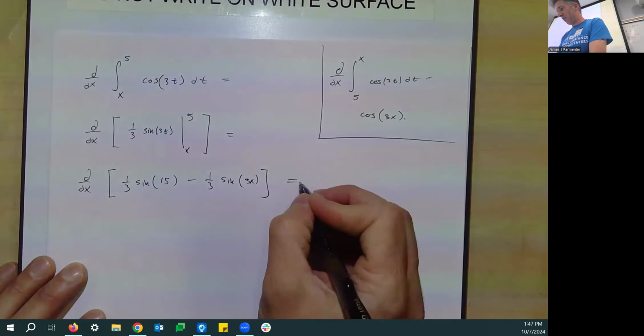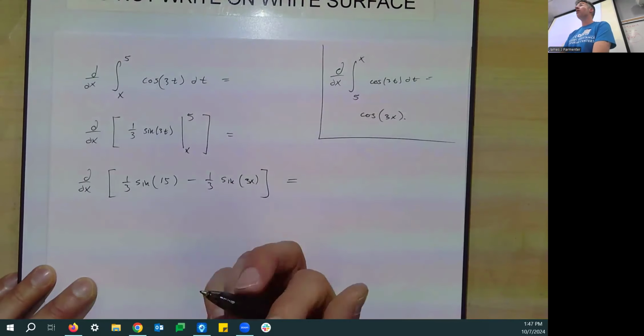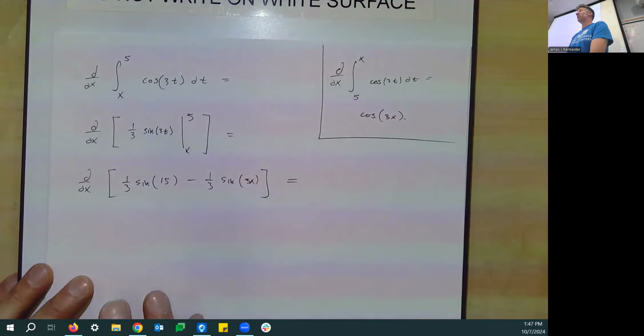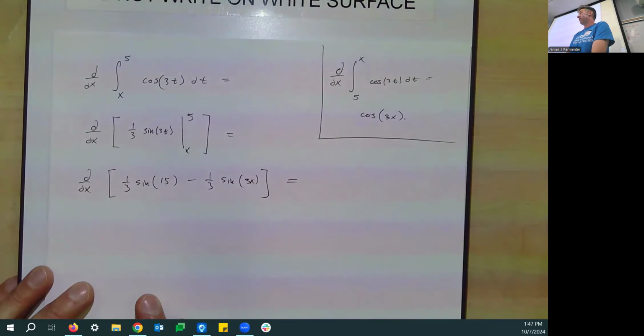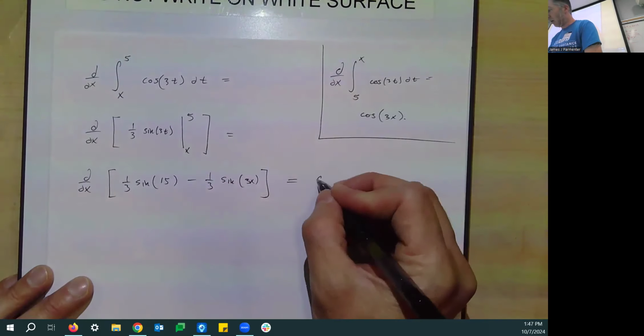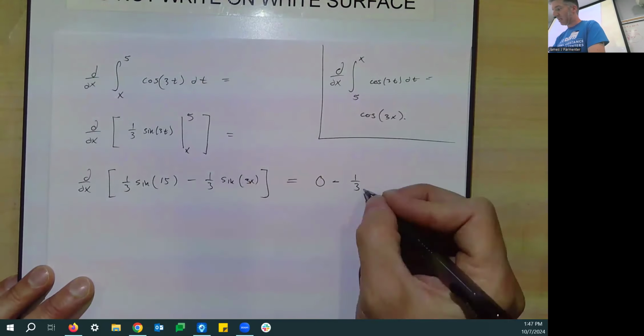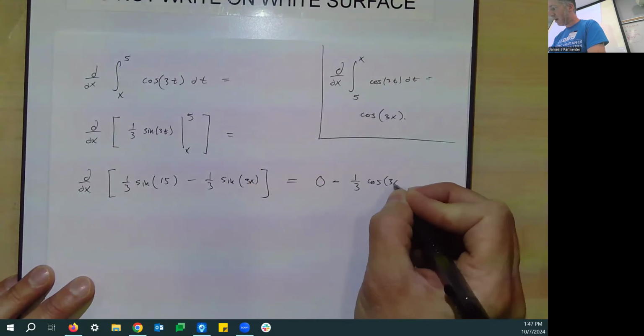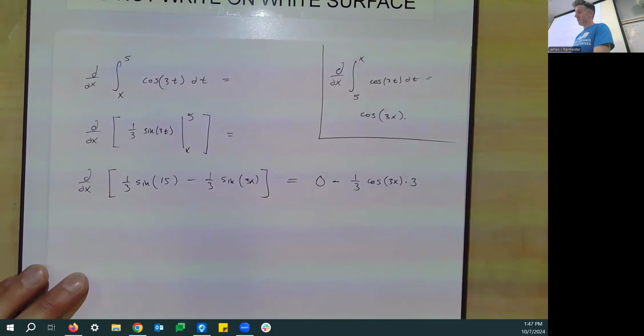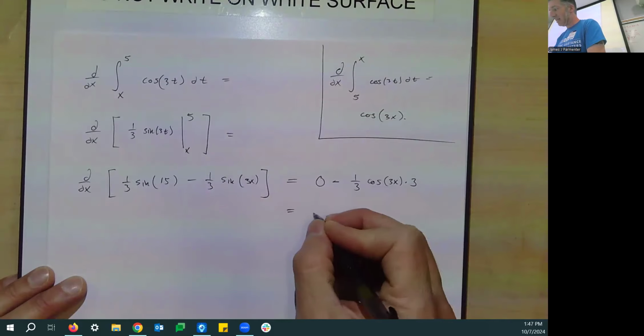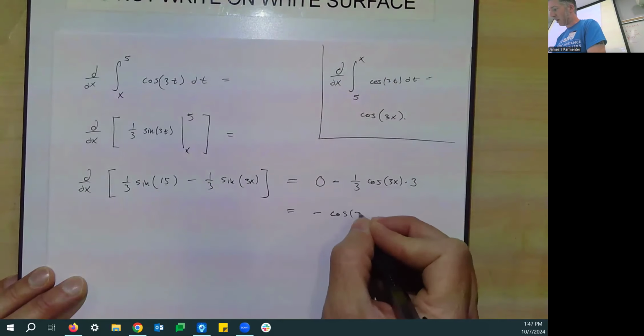Take the derivative. The derivative of sine of 15 is 0. I don't know what sine of 15 is, but I know it never changes because there's no variables there. So I'm going to get 0 minus 1/3 times the derivative of sine of 3x, which is cosine of the stuff times the derivative of the stuff, which exactly ends up being negative cosine of 3x.